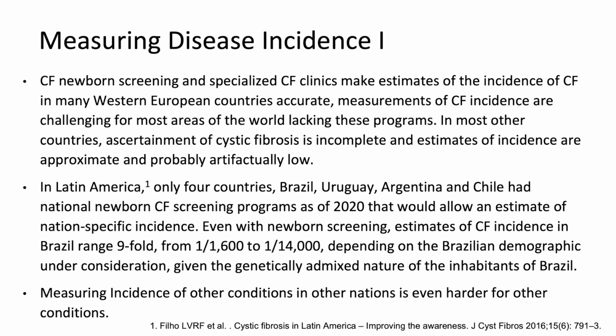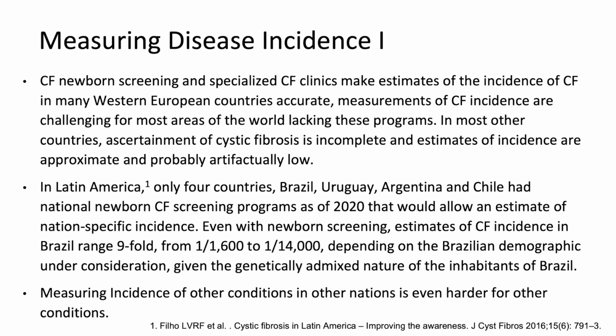In Latin America, as of 2020, there are only 4 countries, Brazil, Uruguay, Argentina, and Chile, that had national CF screening programs. They did not have organized CF clinics, but you can get some estimate of nation-specific incidence from newborn screening. But even with newborn screening, if you look at Brazil, the estimates of CF incidence range from 1 in 1,600 to 1 in 14,000, depending on the Brazilian demographic under consideration, whether you're north or south or east or west, what the ancestry of the people are, and of course, Brazilian demography is highly admixed.